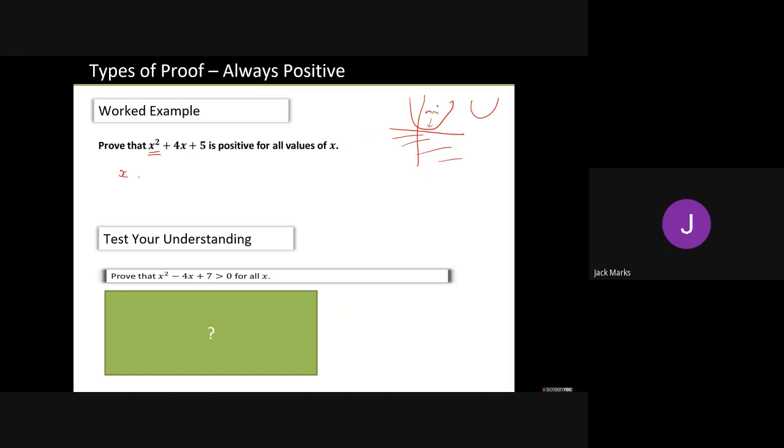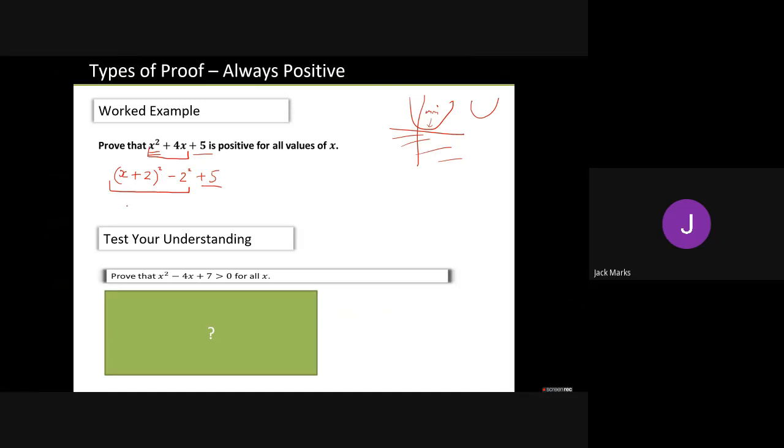So I'm going to do x plus 2 squared minus 2 squared plus 5. So I keep this number off to the side and I complete the square on this part here.